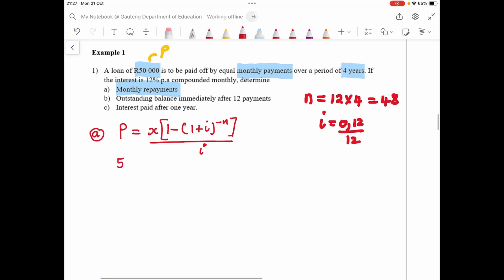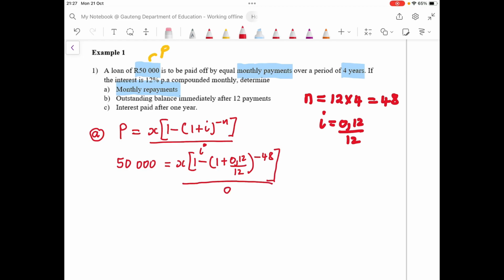So we put 50,000 is equal to X, the monthly repayments, into 1 minus 1 plus 0.12 over 12 to the exponent negative 48, close the bracket, all divided by 0.12 over 12.